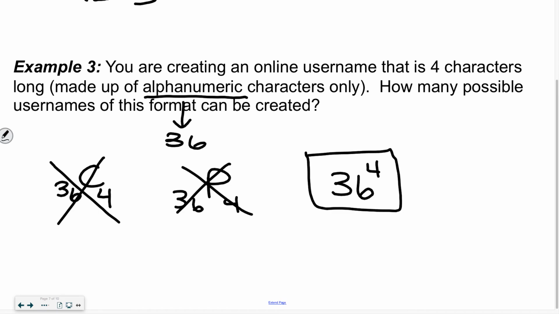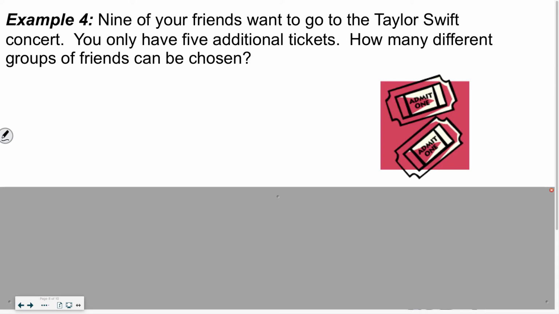We want to say, I have 36 things I could choose for my first part of my username, 36 things to choose for my second part of my username, for the third, and for the fourth. So when you're thinking about that one, remember what I said, for FCP on the front, usernames, passwords, license plates, PIN codes, right? If you're choosing letters and numbers to build a word or a student ID or something, use fundamental counting principle. Okay.